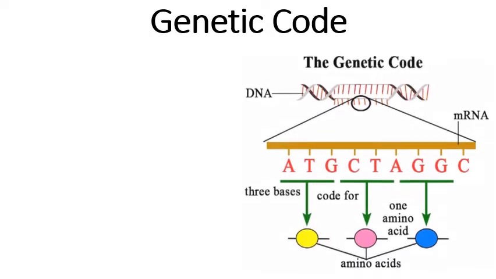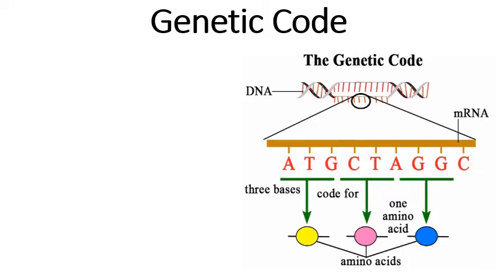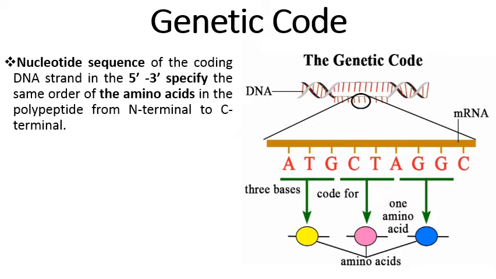So firstly, what is genetic code? As we know that there are sequences which are present on the coding DNA strand in the 5' to 3' direction, and they specify the same order of amino acids in a polypeptide from N terminal to C terminal.